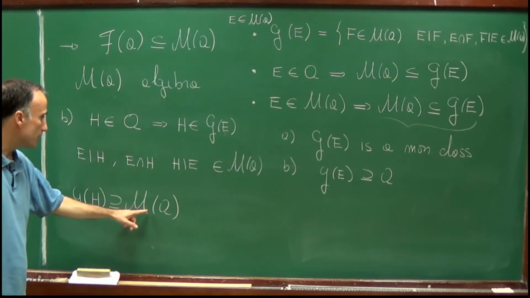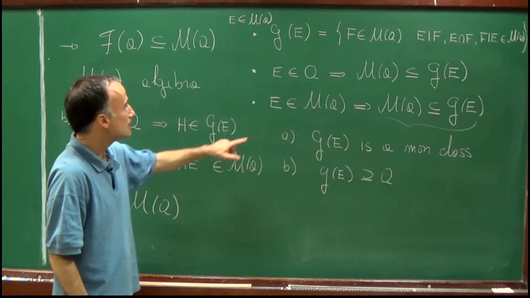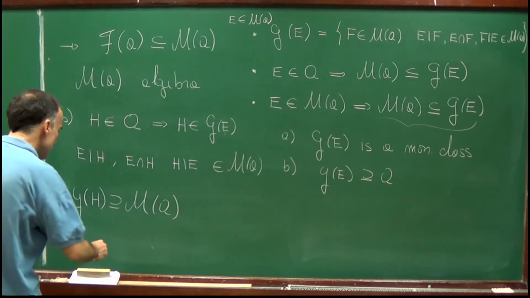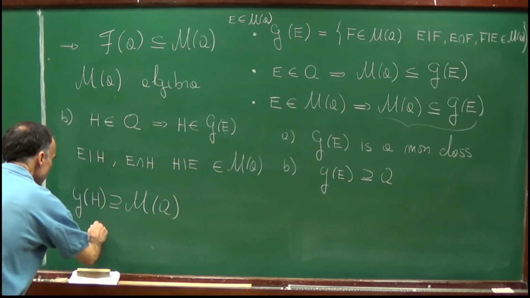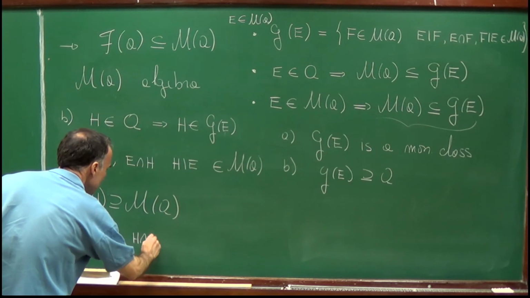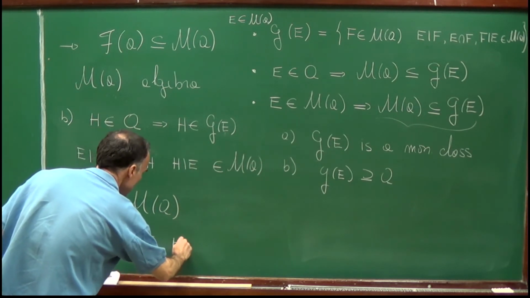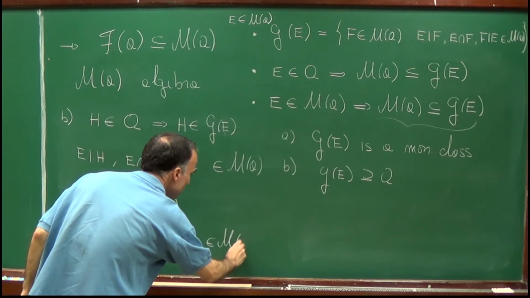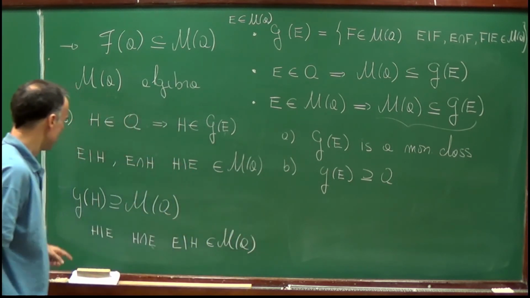Since E is an element of the monotone class, this means that H minus E, H intersection E, and E minus H they all belong to M of A, right?